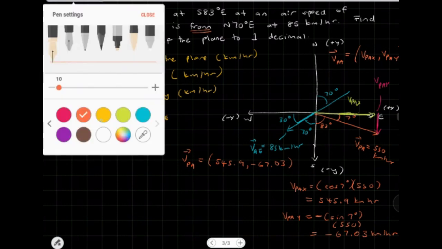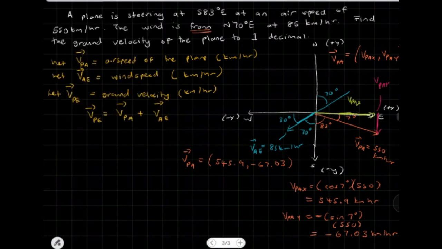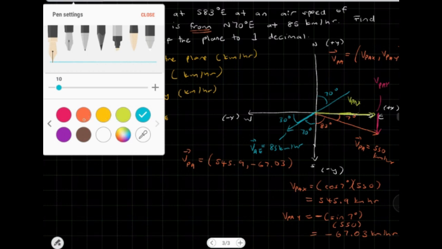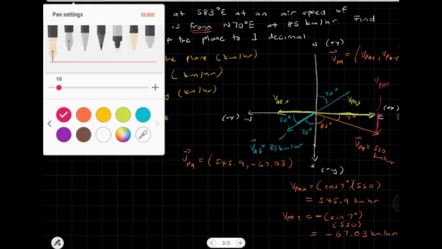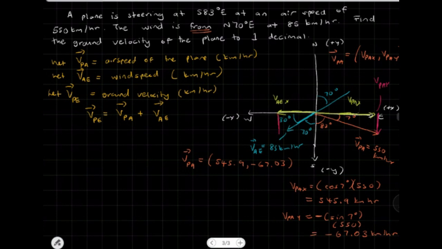So for the velocity of the air relative to the Earth, I'm just going to use the 30-degree angle, and you want to tend to use the angle that is using the x-axis as a reference, right? So in this case, our x component looks like that. Okay, so this is the velocity of the air relative to the Earth on its x component, and this is the velocity of the air relative to the Earth on its y component, right? Kind of overshot that a little bit, but once again, it's a sketch.